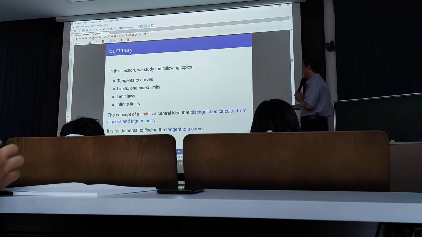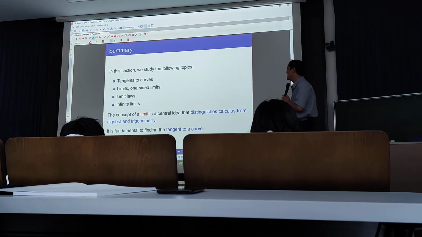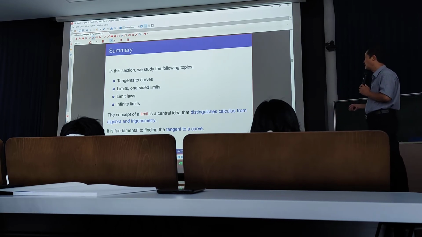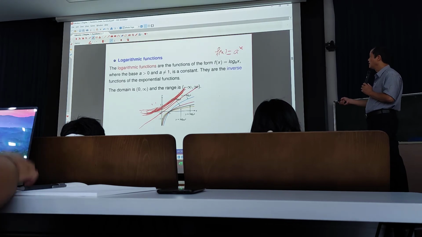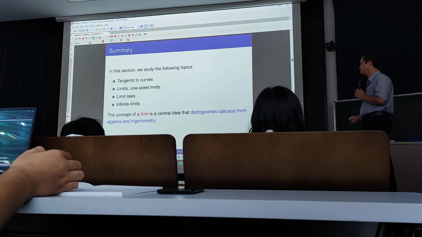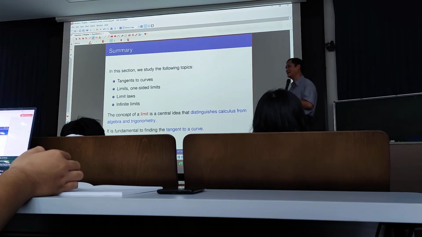Okay? The fundamental thing, finding the tangent of a curve, is related to the limit. Tangent of a curve. You understand, right?